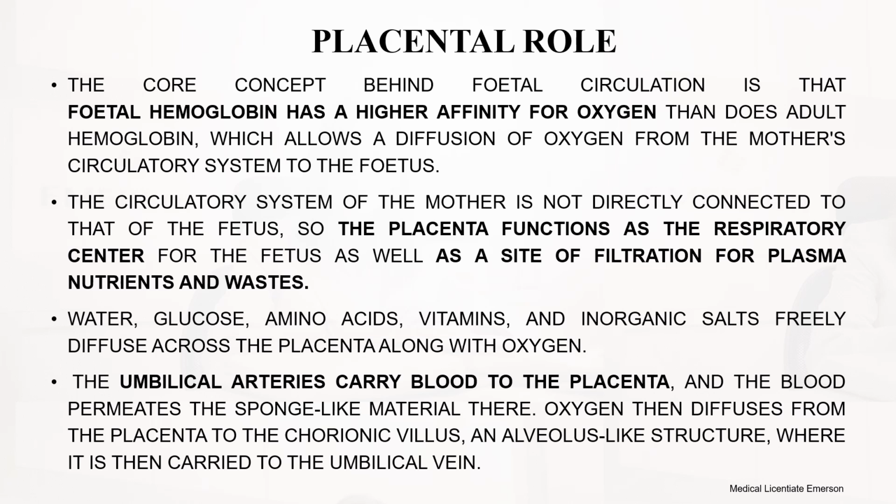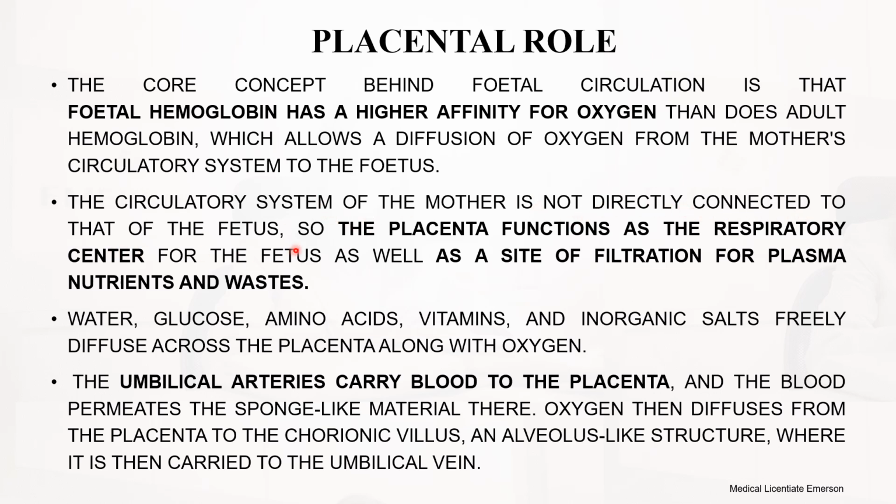So the core concept behind the fetal circulation is that fetal hemoglobin has a higher affinity for oxygen than does adult hemoglobin, which allows a diffusion of oxygen from the mother's circulatory system to the fetus. The circulatory system of the mother is not directly connected to that of the fetus.